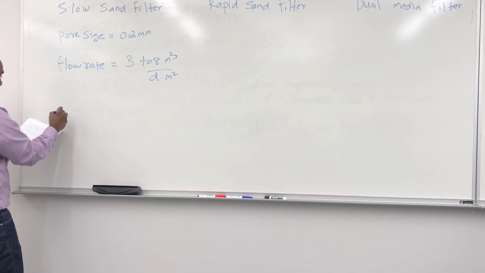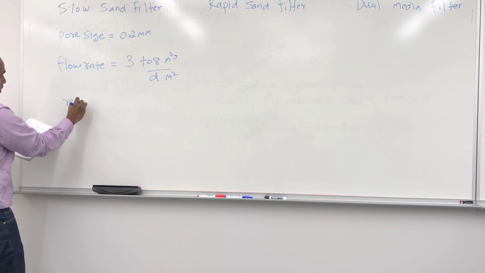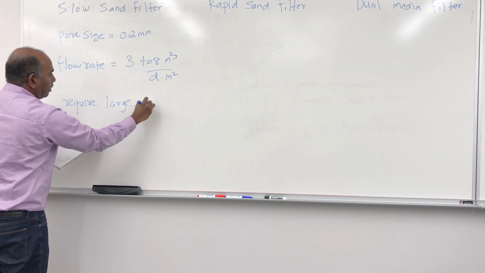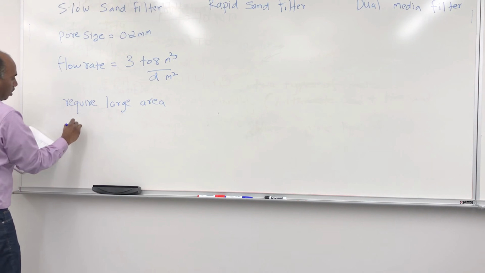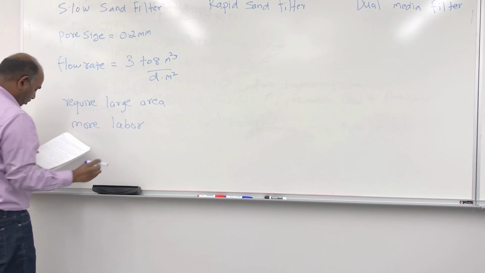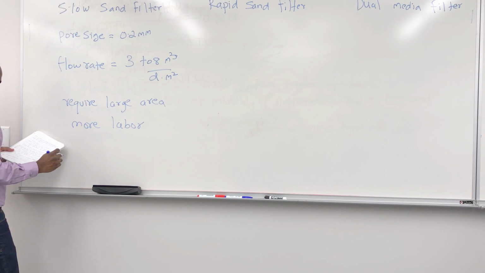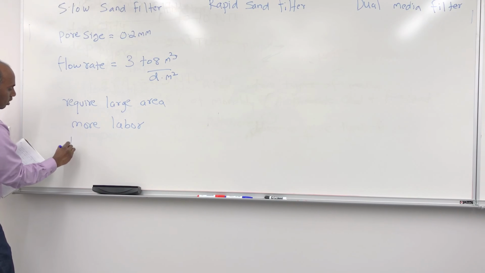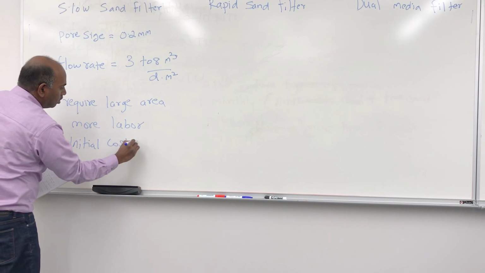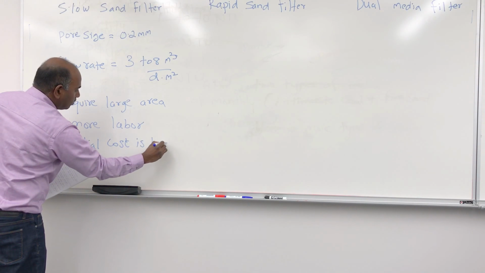Slow sand requires large area, more labor. Initial capital cost is less.